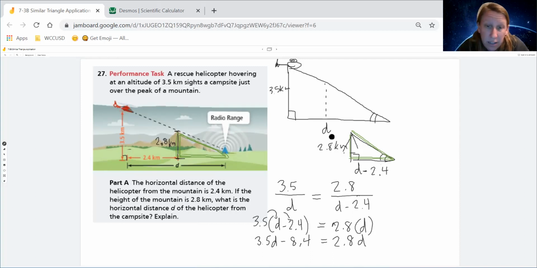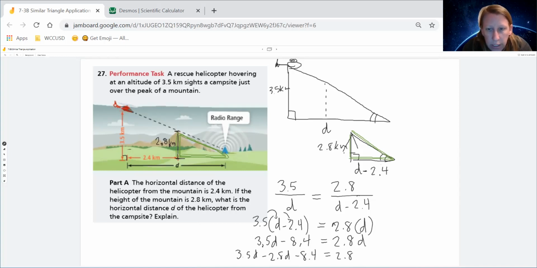We've been practicing that a little bit in the warm-ups. I'm going to take away 2.8D from both sides. So 3.5D take away 2.8D. I still have this minus 8.4 here.